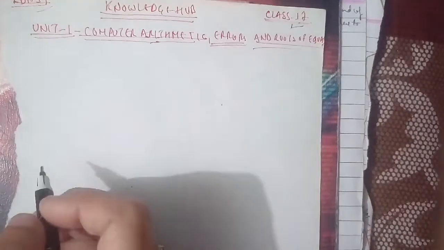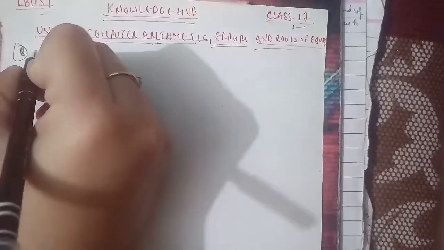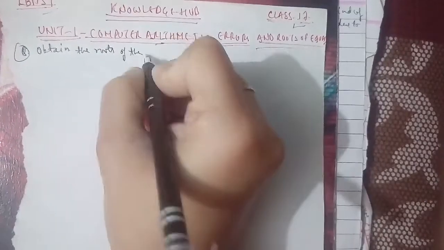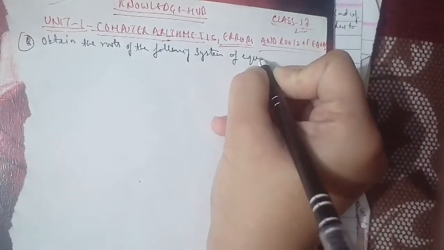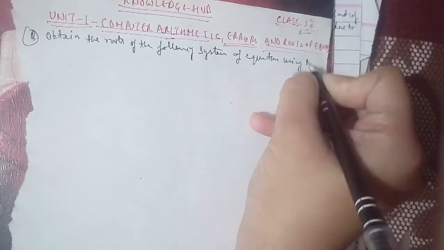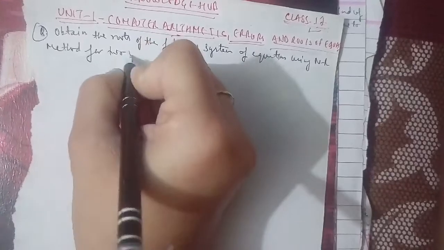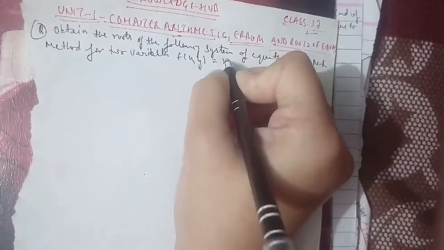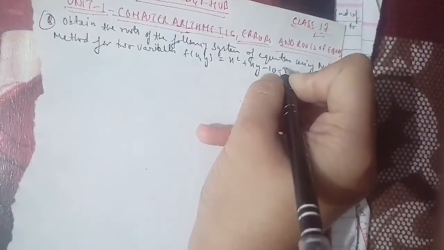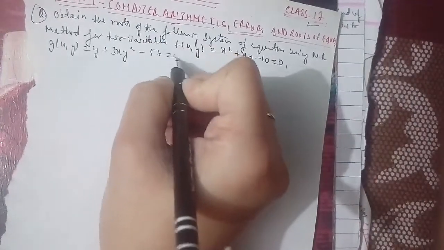So the first question of the session is here. Obtain the roots of the following system of equations using the Newton-Raphson method for two variables, that is f(x, y) = x squared + xy - 10 = 0, and g(x, y) = y + 3xy squared - 57 = 0.